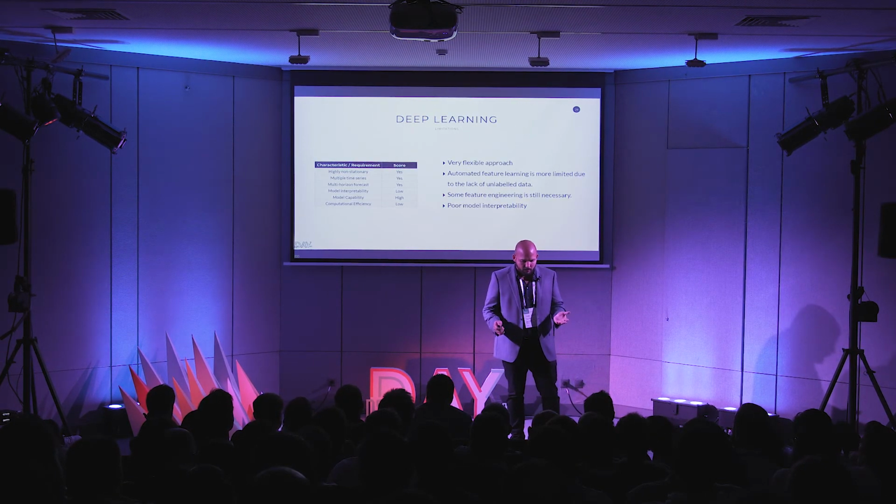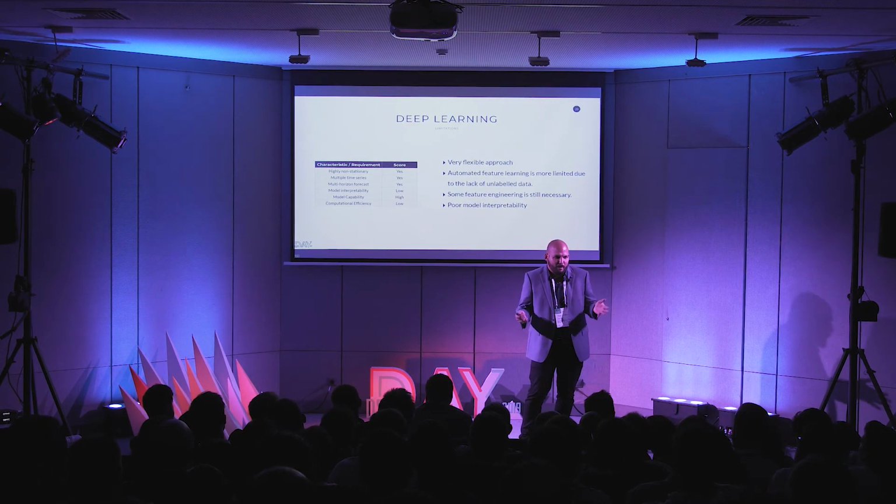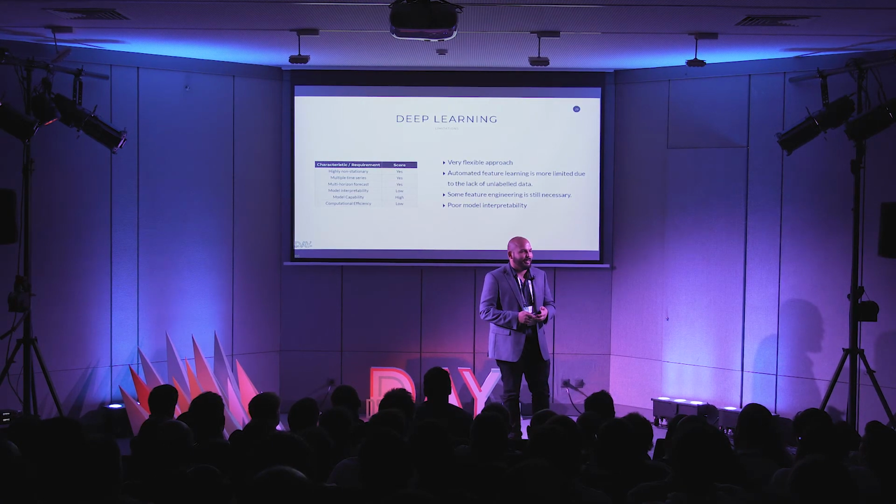So deep learning, very flexible. Theoretically, you can use it to learn new features and then do transfer learning. In practice, I haven't seen any paper that does transfer learning using tabular data.